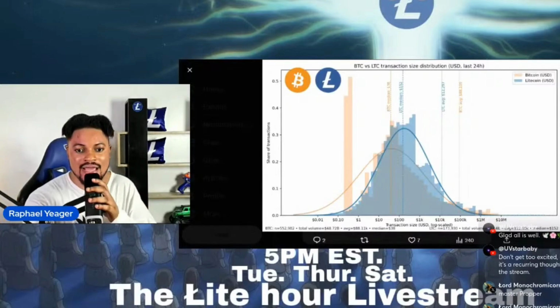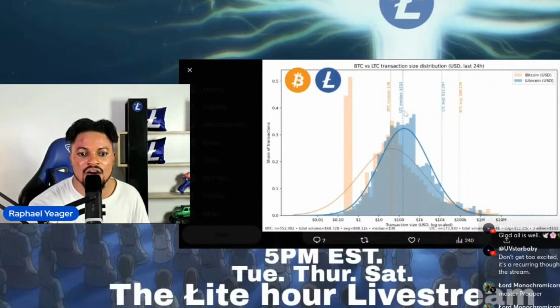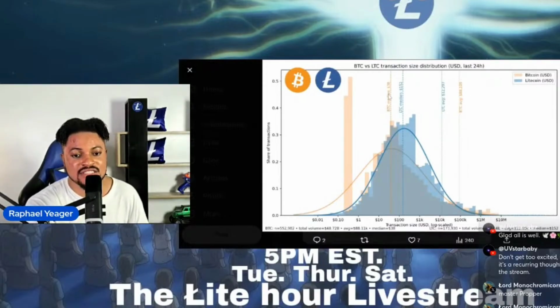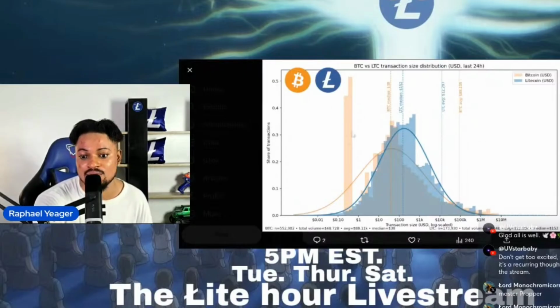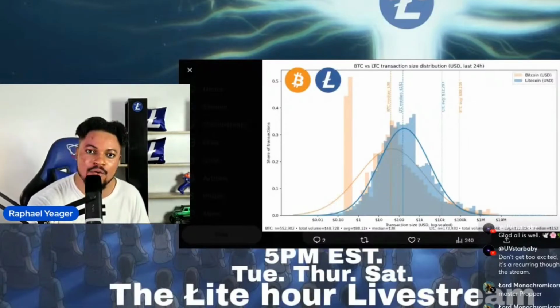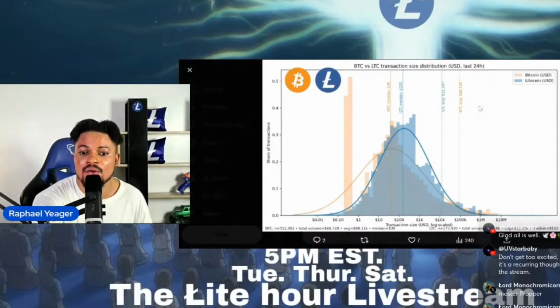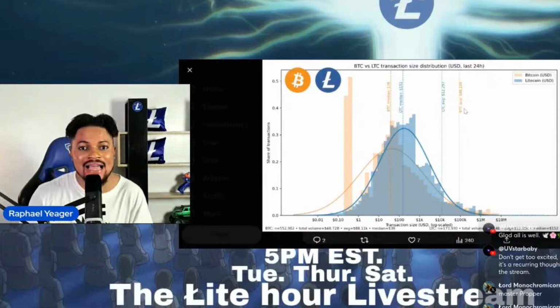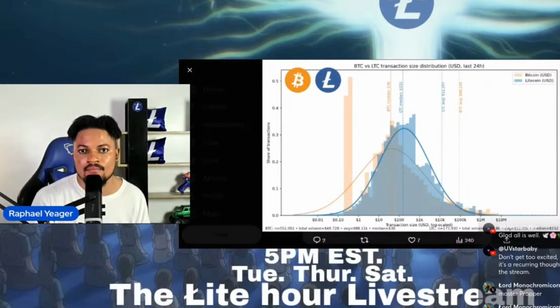And when you look at the fact that Litecoin has about $152 in median transaction compared to Bitcoin's $38 in median transaction as of the time when this data was captured, you can easily see that Litecoin is actually being monetized more by actual people that are using it for actual transactions than Bitcoin, whilst the majority of Bitcoin's actual transactions are just back and forth transactions happening between multi-billion-dollar whale wallets. And that's the reality of it.